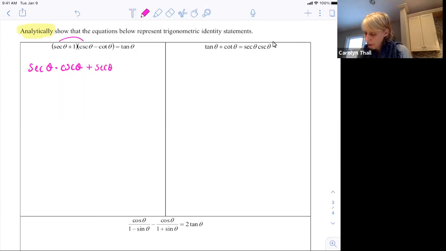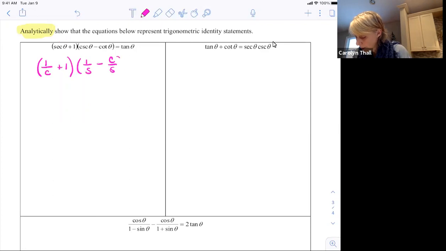Ugh, I don't want to do it that way. Let's rewrite this in terms of sines and cosines so it can be quicker. Secant theta is 1 over cos. Cosecant theta is 1 over sine. Cotan theta is cosine over sine. And that's going to equal tan theta. We're going to leave that side alone. That's one expression already. We might try to just get our left side to match it.